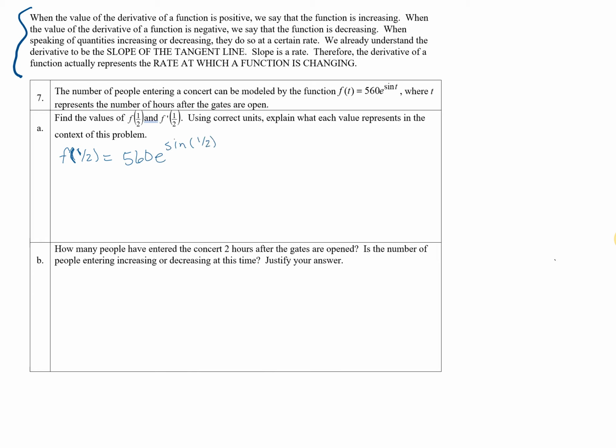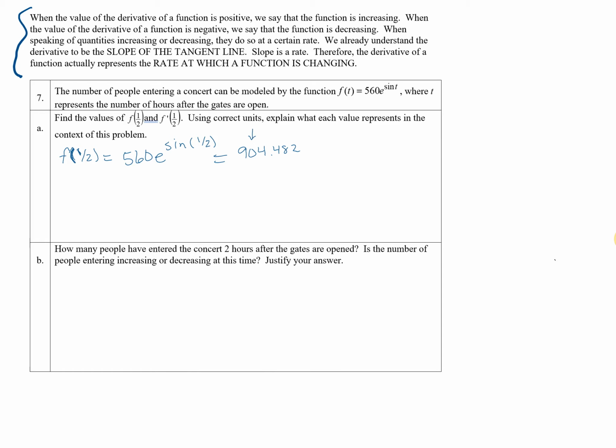Now your calculator should be in radian mode, and of course these are problems you're going to do on the calculator. For f of 1/2, it's just a straight plug in. You're going to get 904.482, but the decimal really doesn't concern us. We're really looking at the whole number part here, the 904.